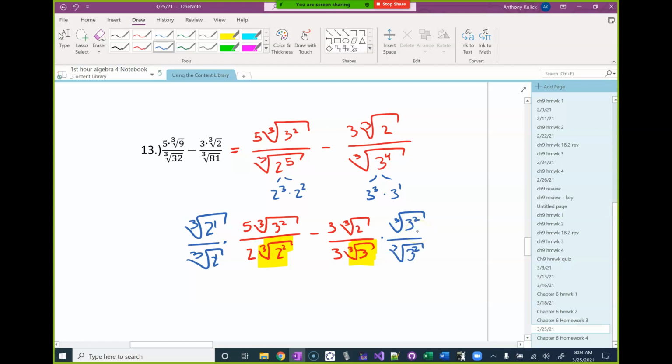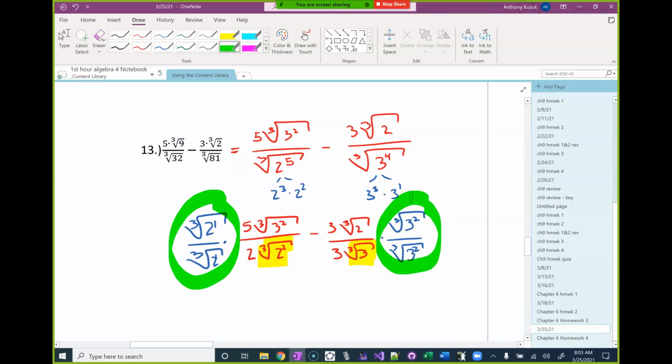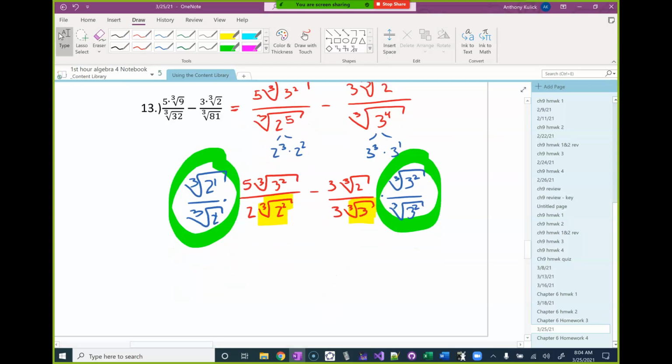And it's okay that I'm doing this because when I multiply each of these, really what I'm multiplying by is 1, right? And you can certainly multiply anything by 1 and it doesn't change the value. So I haven't really done anything. I've just made this look a little different, but that's okay.